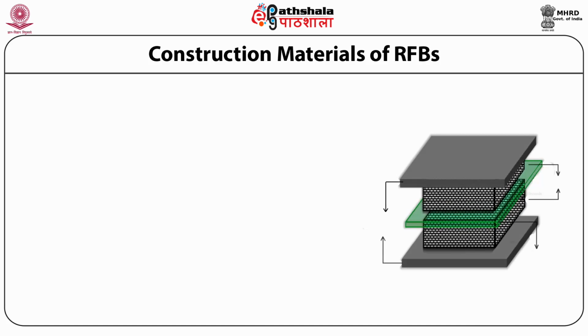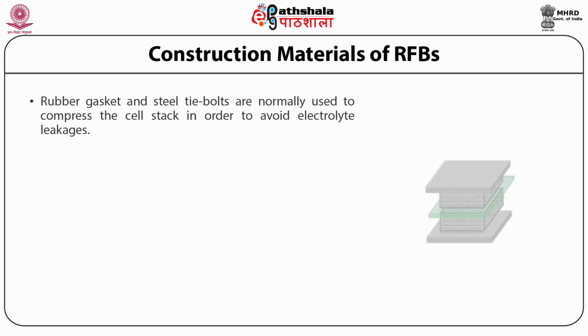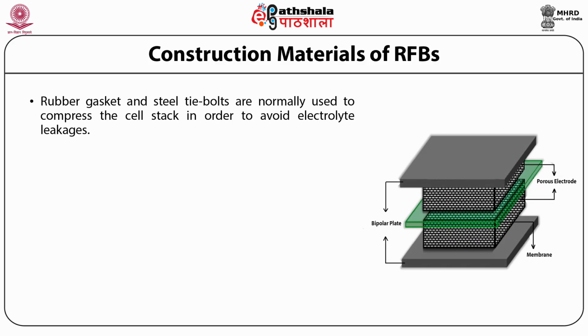As you can see in this figure, students note that a rubber gasket and steel tie bolts are normally used to compress the cell stack in order to avoid electrolyte leakages.